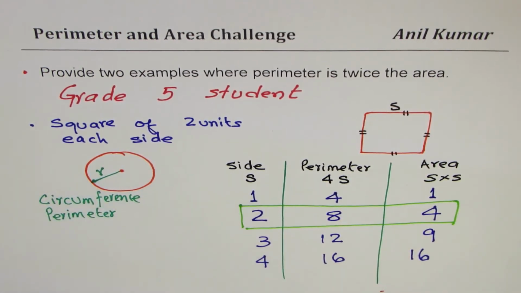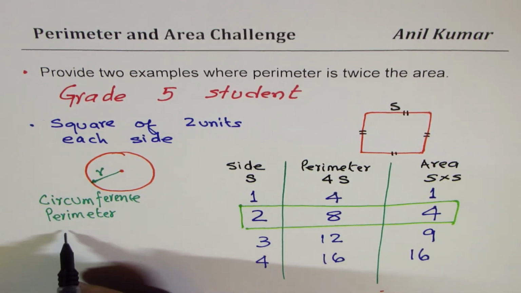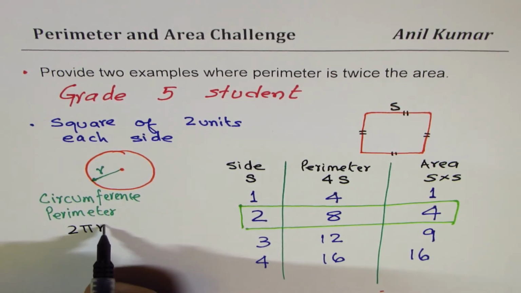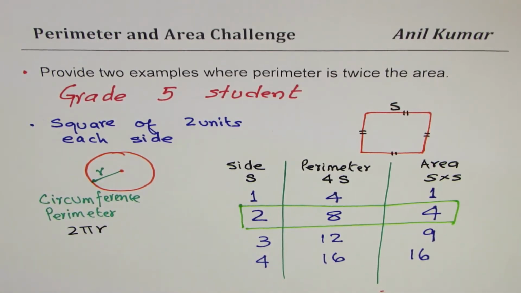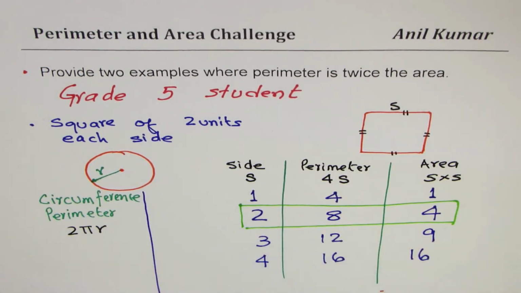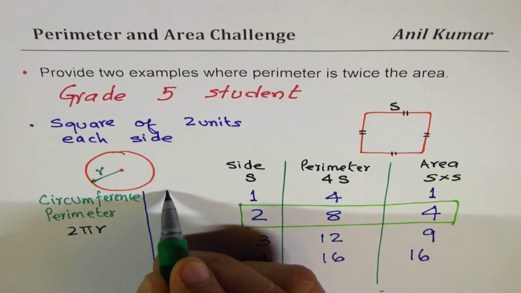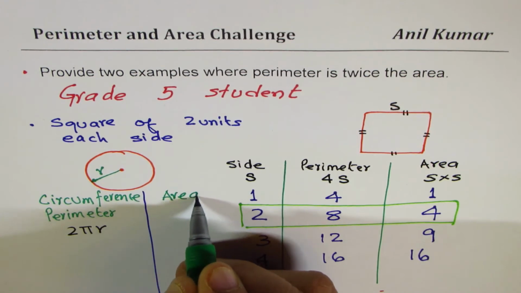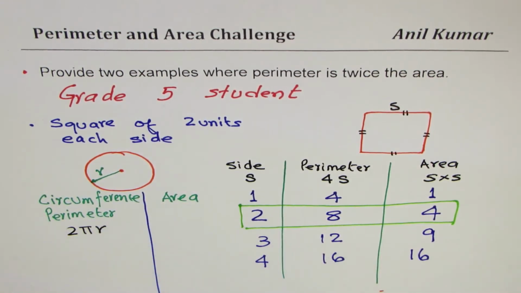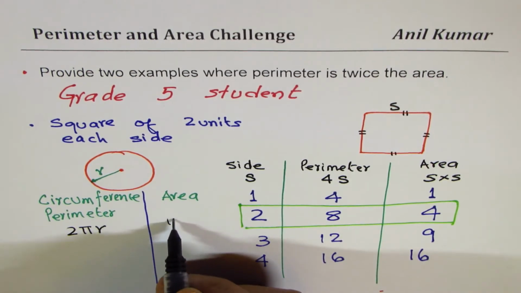For a given radius R, the formula for circumference is 2 times pi times R. Now, we'll talk about pi also anyway. As far as the area is concerned, area of the circle is pi r square.